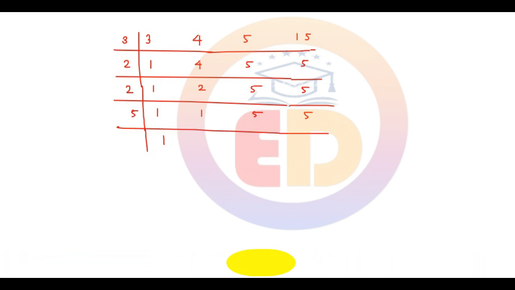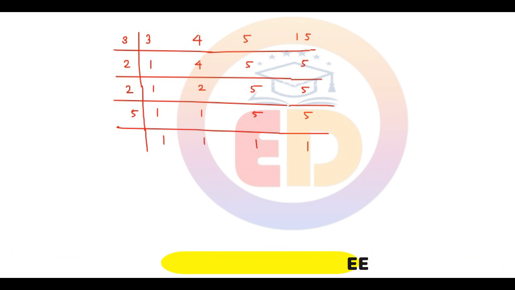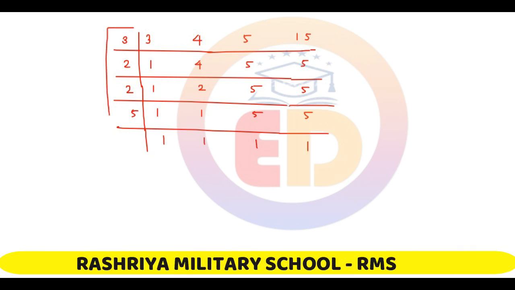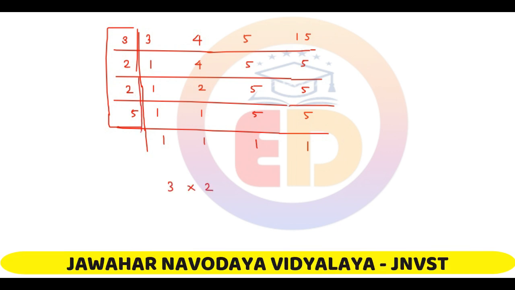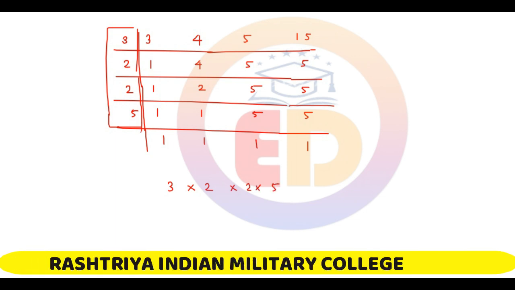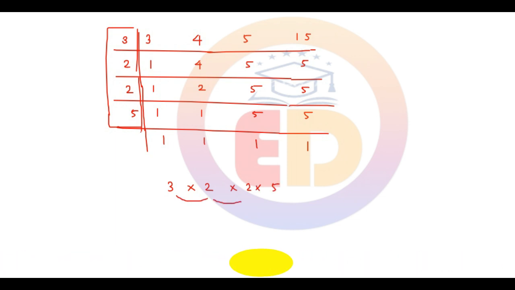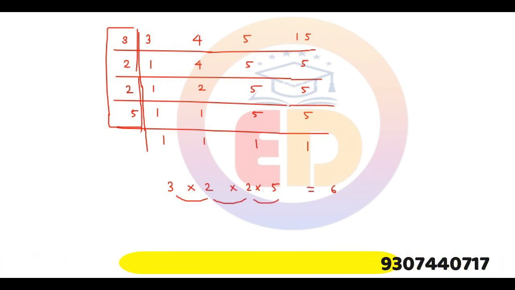This is 1, 1, 1 and 1. So these numbers 3 into 2 into 2 into 5 is my LCM. 3 into 2 is 6, 6 into 2 is 12, 12 into 5, my LCM is 60.